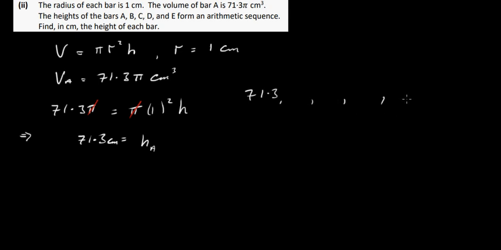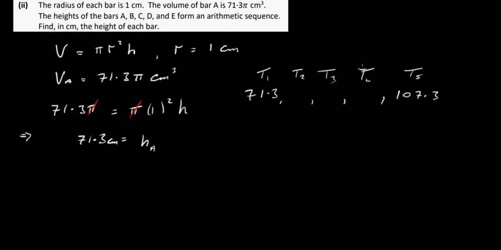From part 1 we worked out the bar height of E, and that was 107.3 centimeters. So bar A is term 1 and bar E is term 5.